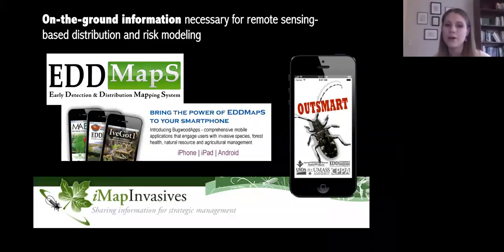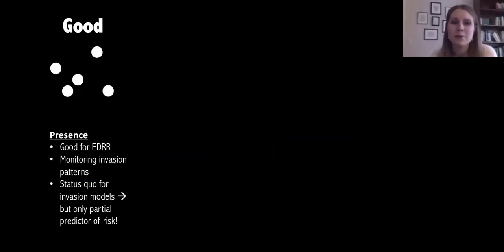However, not all data is created equal. Some of the types of data that are recorded and submitted to these interactive databases are more useful than other sources of data. And so here I'm hoping to provide a bit of guidance from the remote sensing perspective on what source of data is most valuable to us.